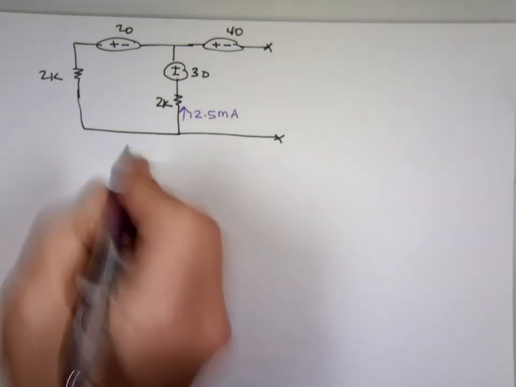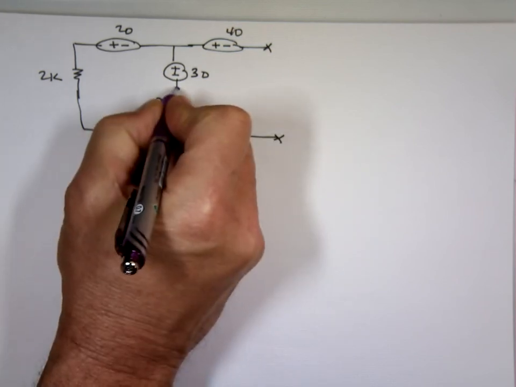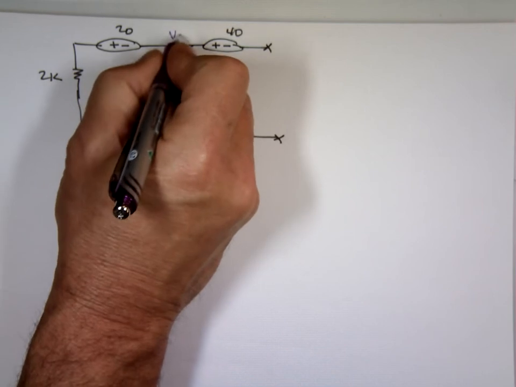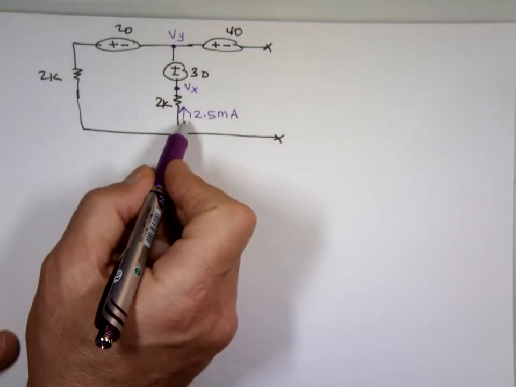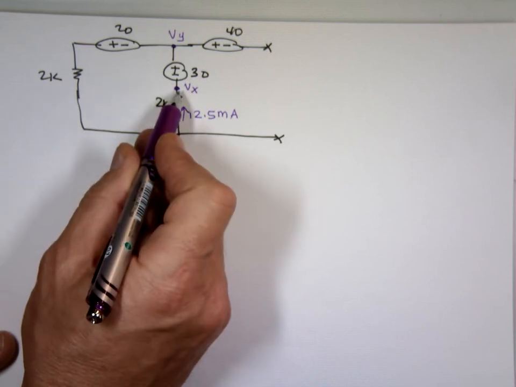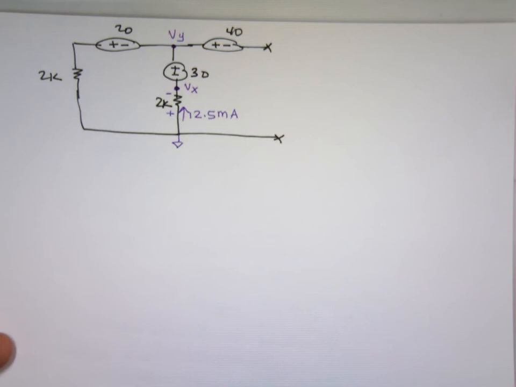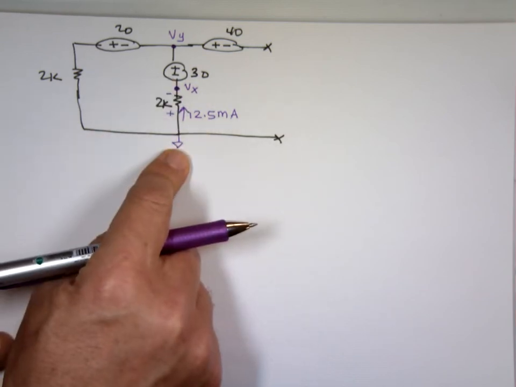So if this is my ground here, this voltage, we'll call it Vx, and we'll call this Vy. The current's going up is going to mark the resistor which way? Plus to minus. It's going upward. That means Vx is going to be lower than this, going to be negative, because this is 0.